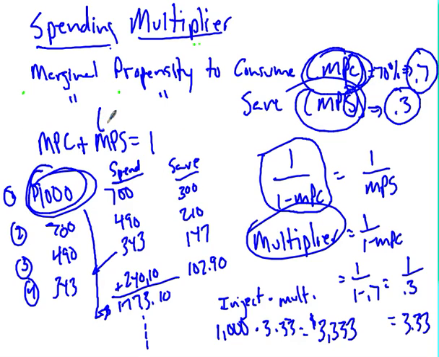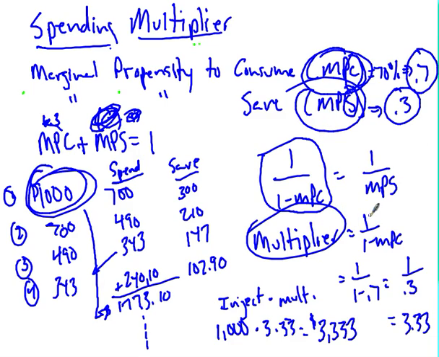By the way, can this ever be negative? And the answer is yes. We're going into debt. This might be 1.3, and that would mean the other would have to be -0.3, but don't worry about that right now. Anyway, we have to find the multiplier because we know that money gets spent multiple times in an economy. To find the multiplier, we have to know the marginal propensity to consume.